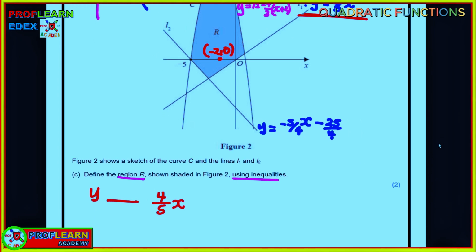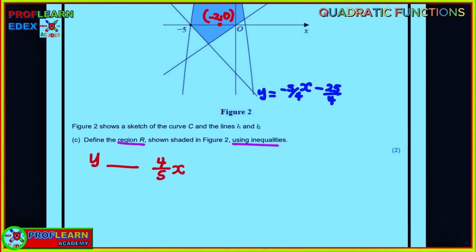To check what's the best inequality, we're going to use this point that we have selected there, and where we have y, we shall put 0, and where we have x, we're going to put -2. So this is going to be 4 over 5 into -2.